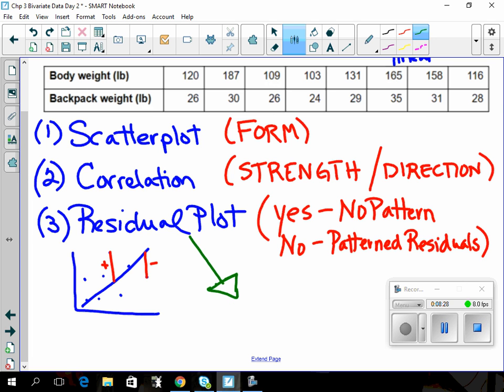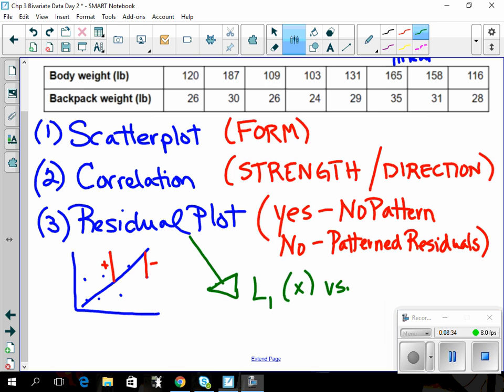So you're going to make a plot of your list 1 versus your residuals. In other words, your plot's going to look like, I don't know, that would be a yes, there is no pattern. I'm trying to make it really random. There we go. So that's what it would look like for how to graph a residual plot.